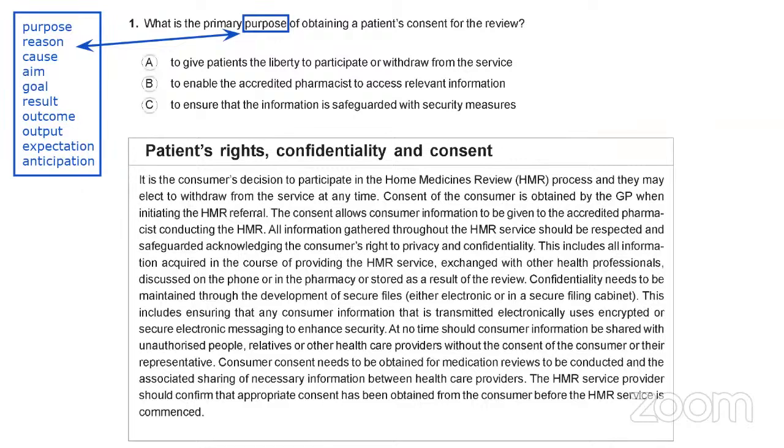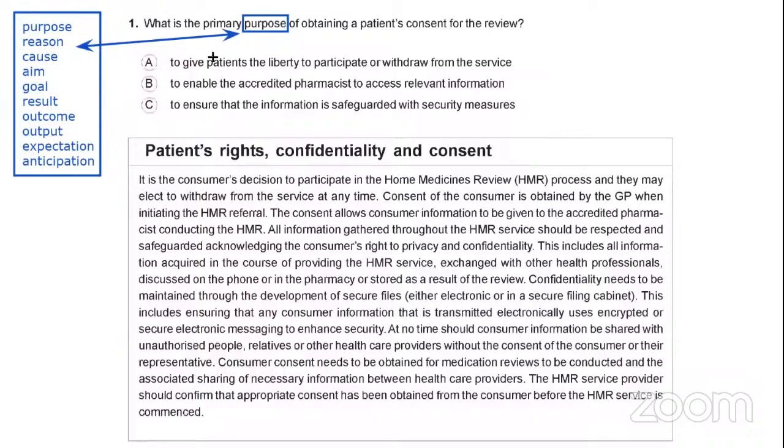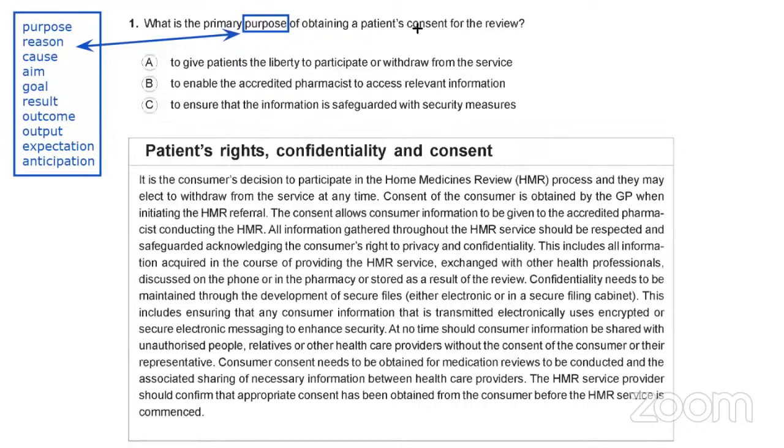I told you already. So what is the primary purpose of obtaining a patient's consent for the review? Consent. Obtaining, taking.